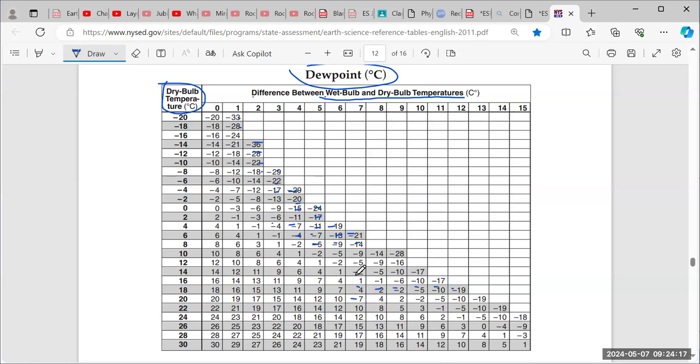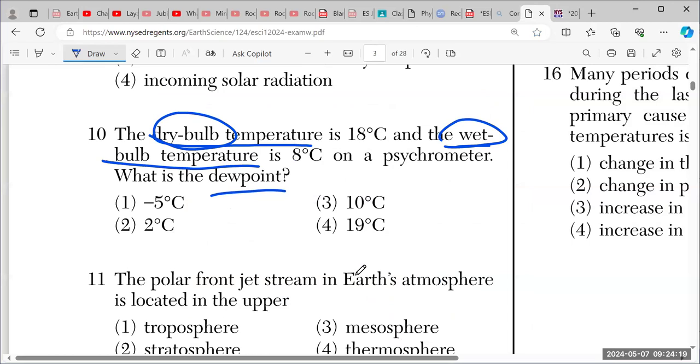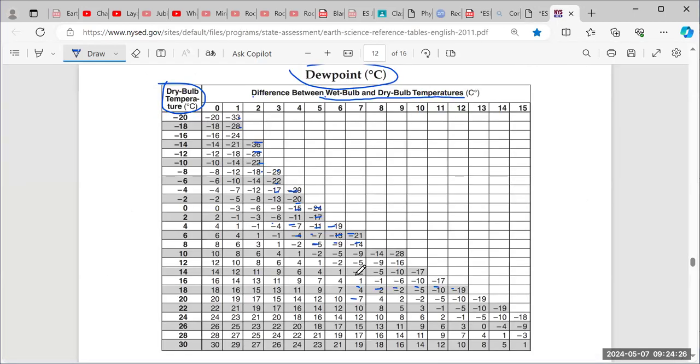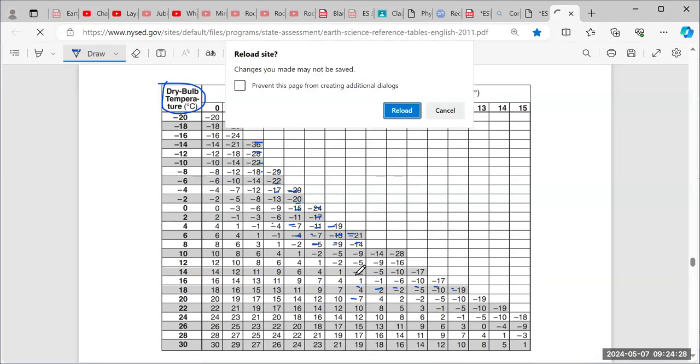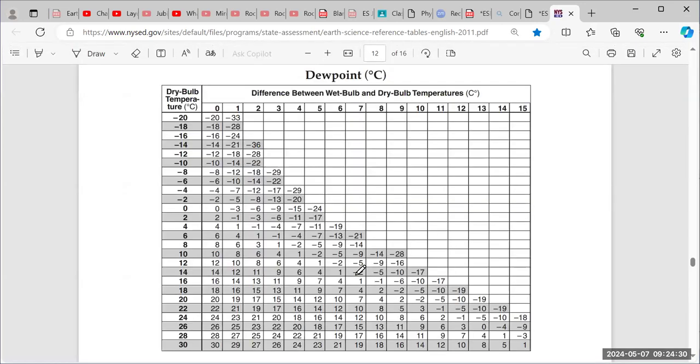So now when I look at my problem, it says my dry bulb temperature is 18 degrees Celsius and the wet bulb temperature is 8. So my dry bulb temperature is 18 degrees Celsius, and I'm going to circle 18 degrees. Now, to use this chart, I need to know the difference between the wet bulb and dry bulb temperature.